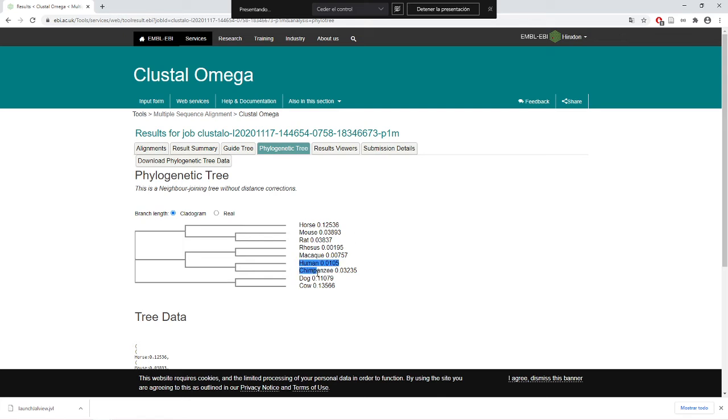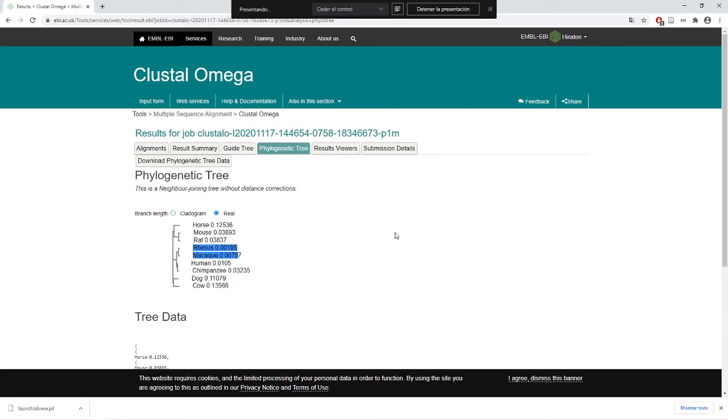The human is the most close with the chimpanzee, okay? And also with the rhesus and the macaque, that are two other monkeys, also is quite near. Well, just for you to know how to make this kind of phylogenetic tree.